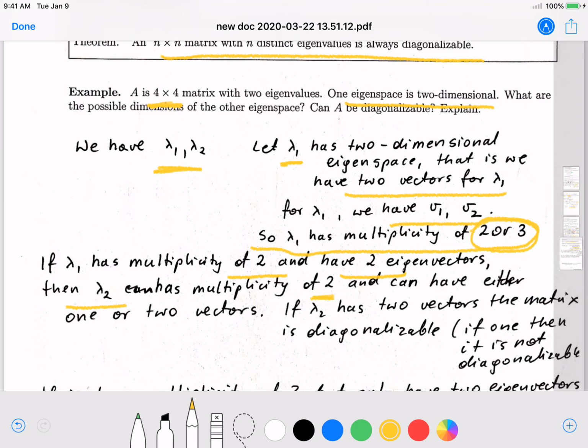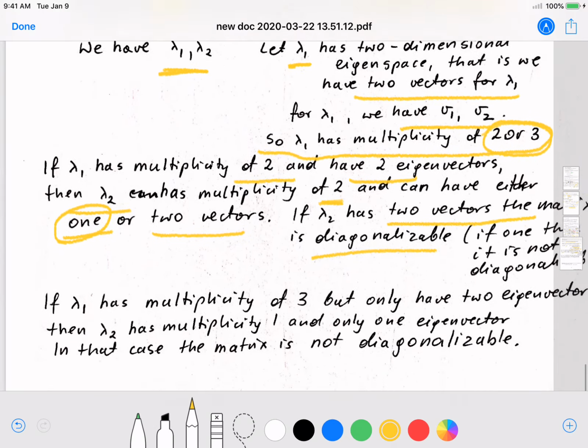But in that case, the other eigenvalue can have 1 vector or 2 vectors. If lambda 2 has 2 vectors, then the matrix is diagonalizable because I would have enough eigenvectors. If the other eigenvalue has 1 vector, then the matrix would not be diagonalizable.